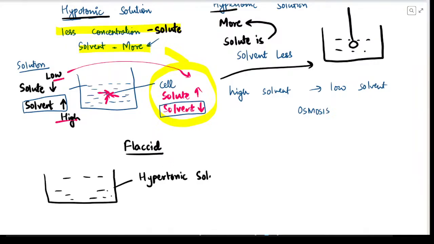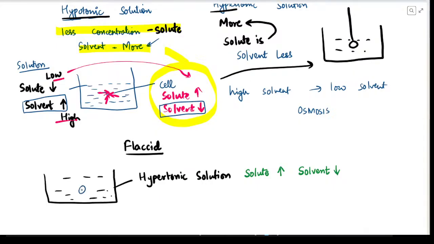A hypertonic solution is one in which solute concentration will be high. Hyper means more. So solute concentration will be high and solvent concentration will be low. As such, you cannot call any solution hypo or hyper unless you are talking about the cell that is dipped in it.